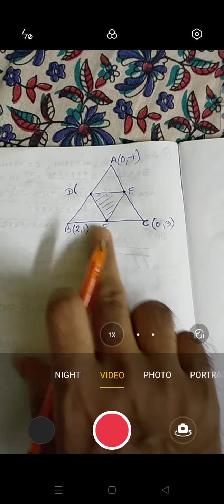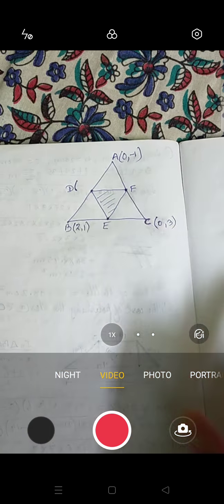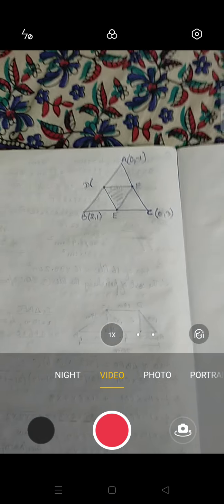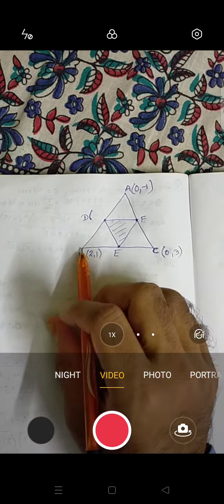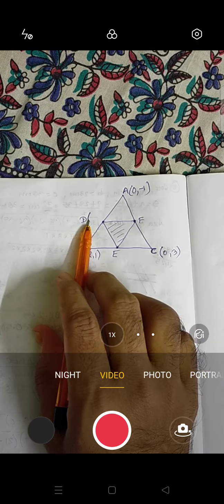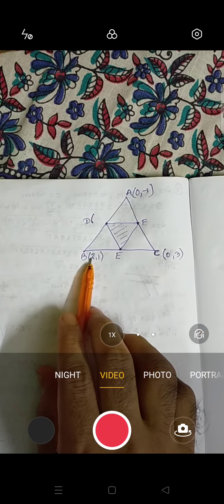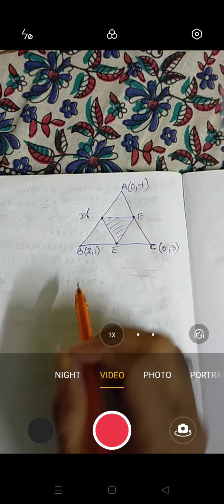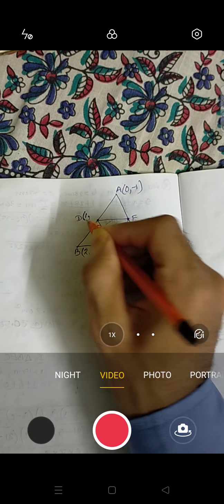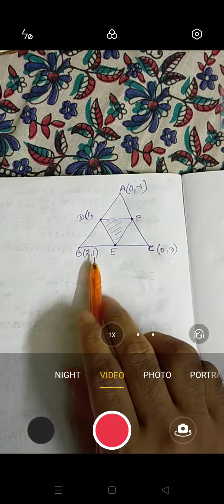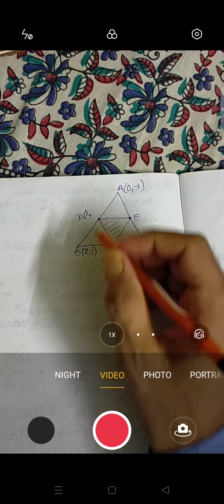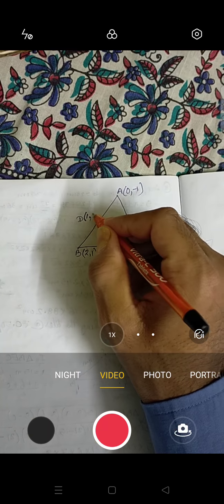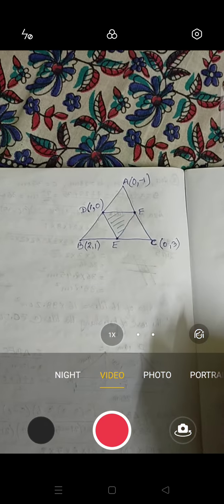That means we will find the coordinates of D, E and F. If I take A, B, D is the midpoint, so 0 plus 2 by 2, it will be 1, comma, minus 1 plus 1 by 2, minus 1 plus 1 is 0, so 0 by 2 is 0. Understood or not?